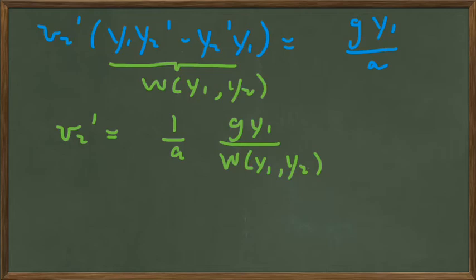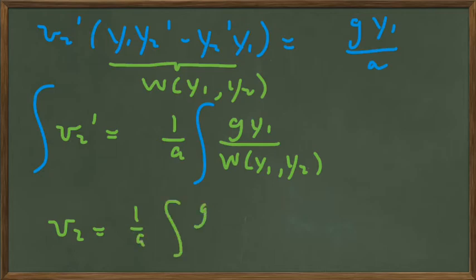To solve for v2, we already have a separable differential equation, so we can just integrate both sides of that, and when we do that, we get that v2 equals 1 over a integral g y1 divided by the Wronskian of y1 and y2.